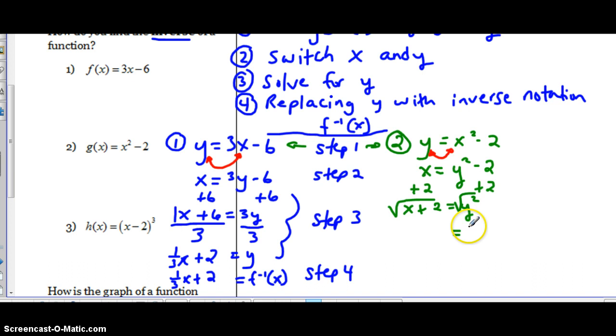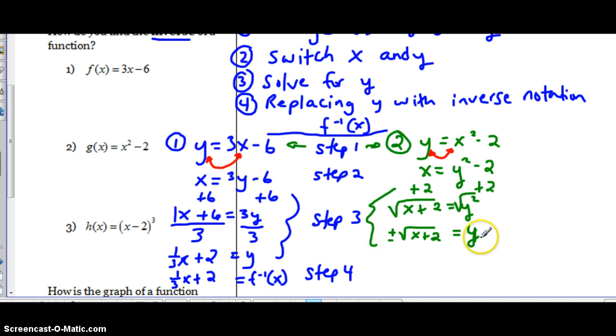So that makes this y, and then remember, when you take the square root of both sides, the other side could be plus or minus, because the minus square root of x plus 2 times minus square root of x plus 2 would be the original x plus 2, same as the positive one. So that's why it's always plus or minus when you're solving in this direction. That's our step 3 in this case.